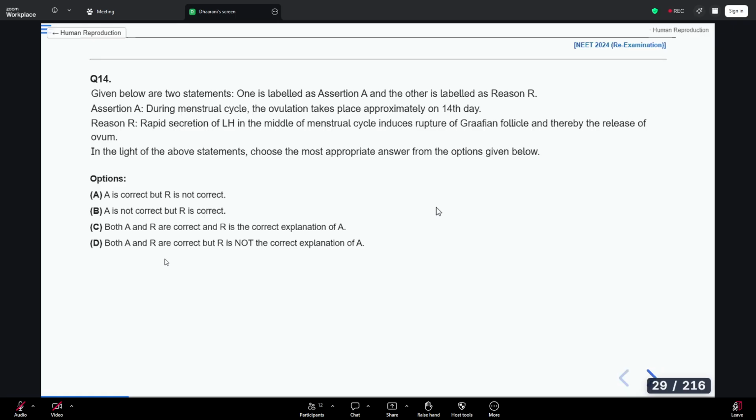Some people have a 28-day cycle, some a 30-day cycle, some 26 days. So depending on the number of days, your average cycle length minus 14 will give your ovulation day. Clear? Any doubts in that? So the formula is average cycle length minus 14. Clear? Any doubt?